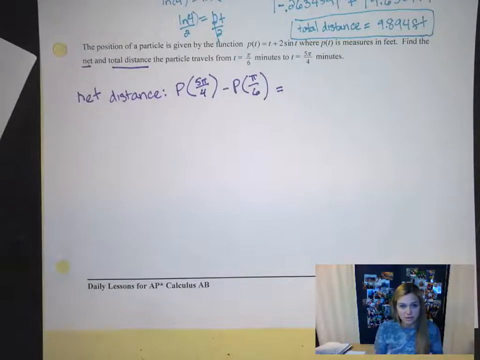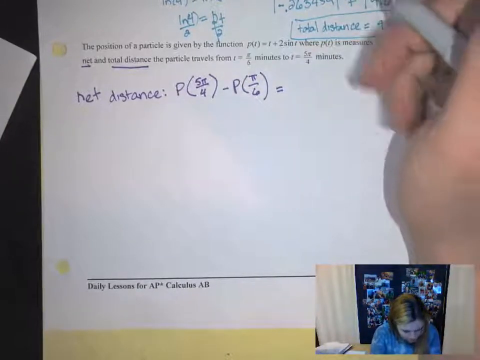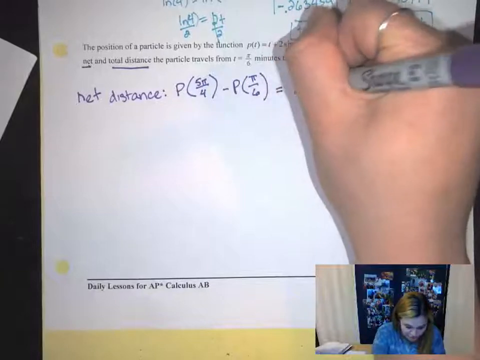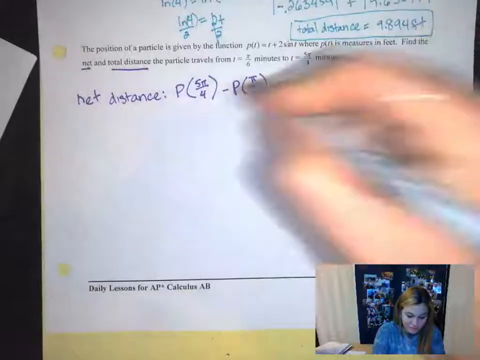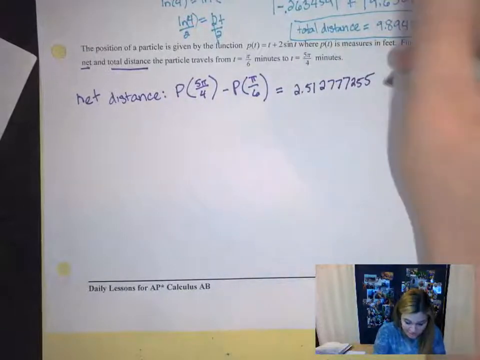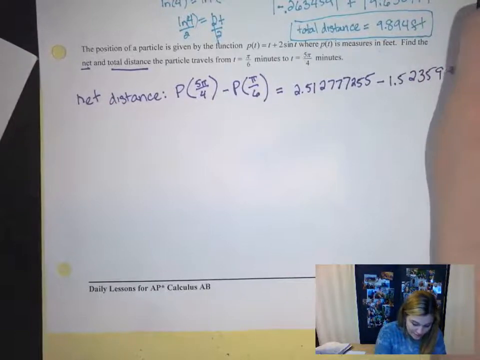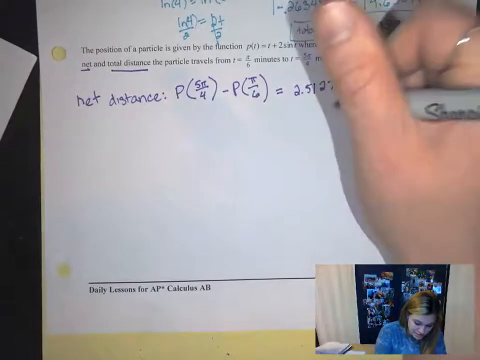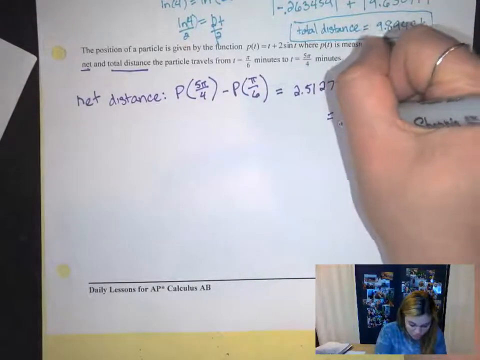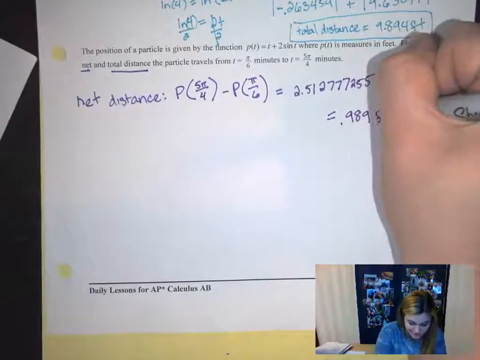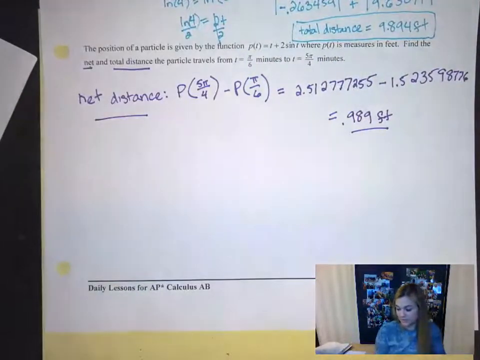You can use your calculator on this one, totally fine. But you should get that this is 2.512777255 for P of 5 pi over 4 minus 1.523598776. And then as the net distance you should get, when you subtract, 0.989 feet. And that was for net distance.